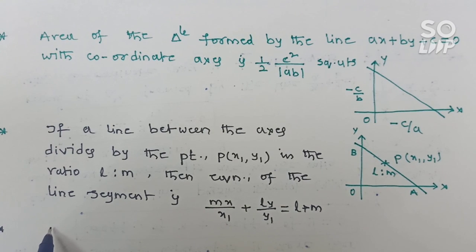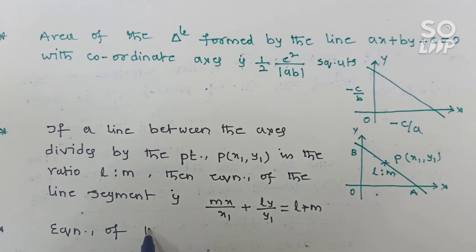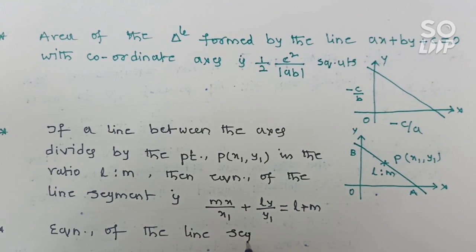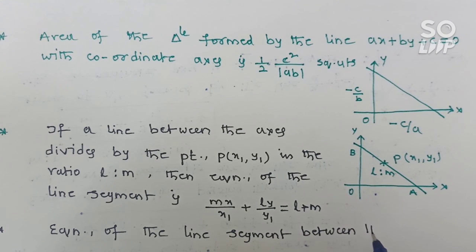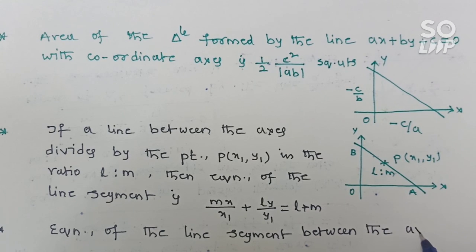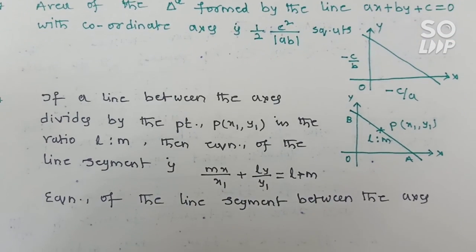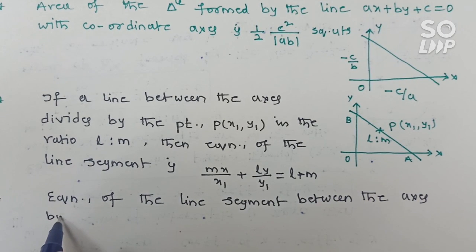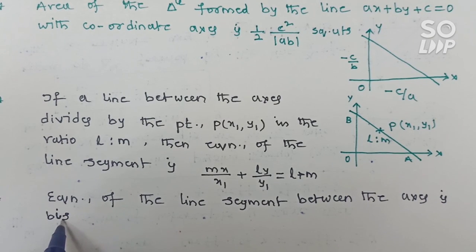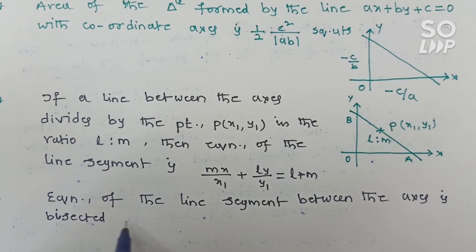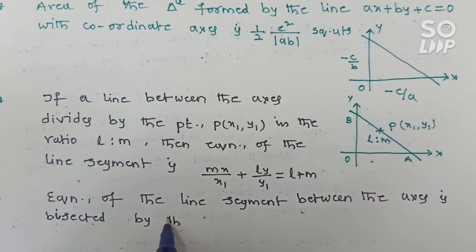See this one here, the equation of the line segment between the axis bisected by the point P is equal to x1 comma y1.